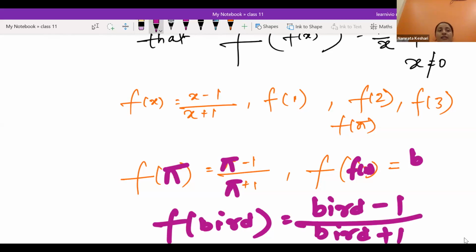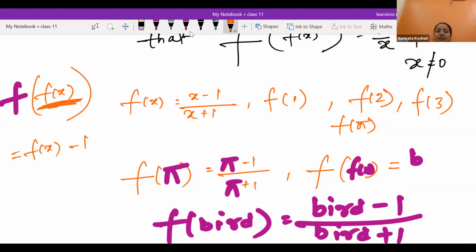Yes, ma'am. Okay, similarly, if f of this is there, don't think why it is there, just drop it, just like the bird, that is (this minus 1) by (this plus 1). Is it making sense? Yes, ma'am. Now f of x, you already know the original f of x.